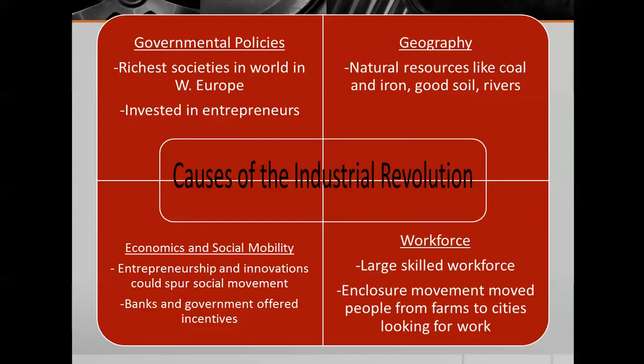The Industrial Revolution began in Western Europe, specifically in Britain, and there were numerous influences or reasons that it happened in Great Britain. As Western Europe built political and economic empires in the New World, the flow of silver and gold from the New World into Europe's treasuries made their societies the richest in the world.